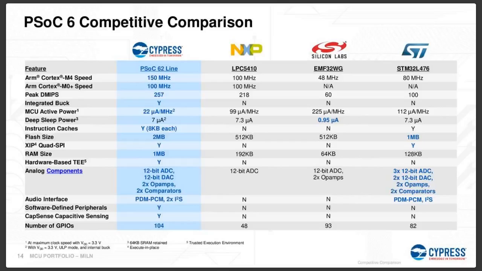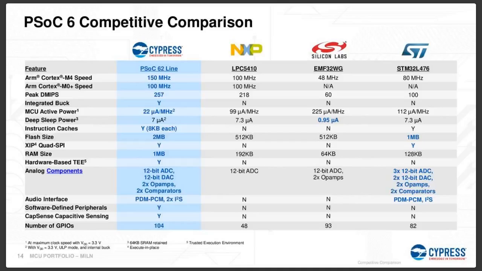Both of those parts have the same processors, the same speeds, the same peripherals. But with the PSoC 6, it's up to 150 megahertz for the M4 and 100 megahertz for the M0+. So these are pretty good processors in terms of the speed that they run. Not too many M0s that you see run at 100 megahertz. Most of them stop at around that 48 megahertz mark.